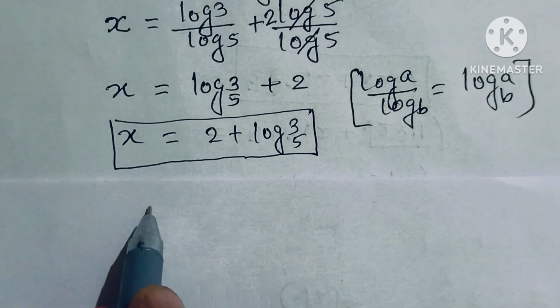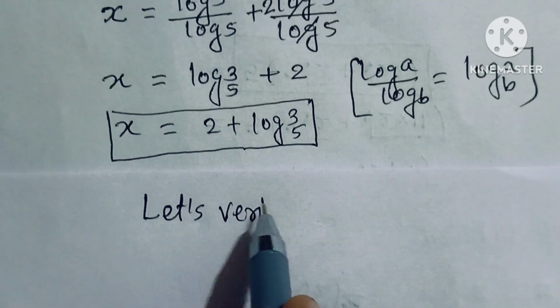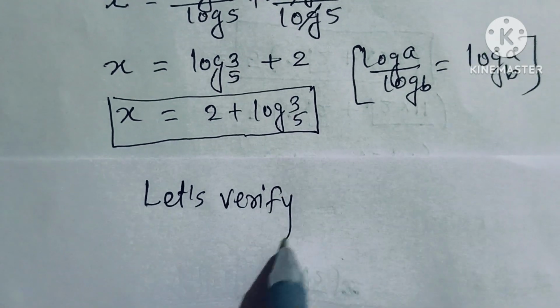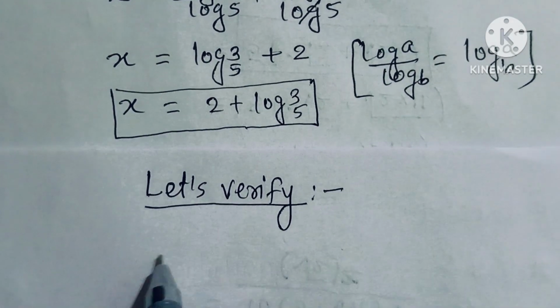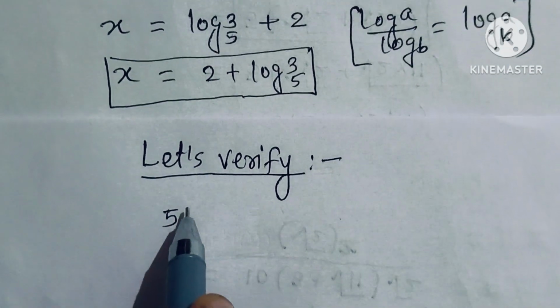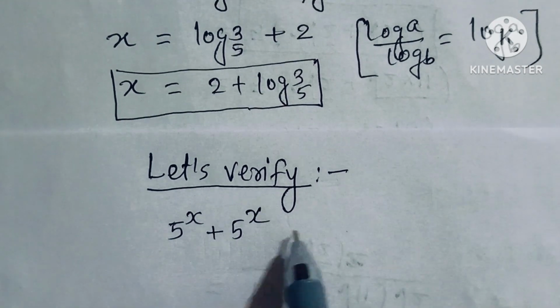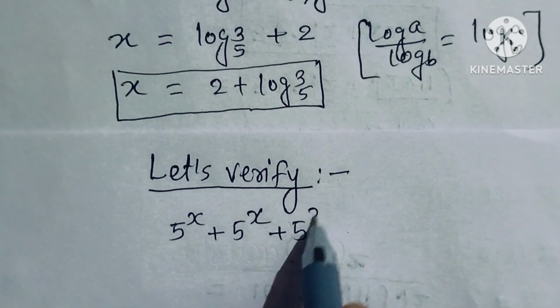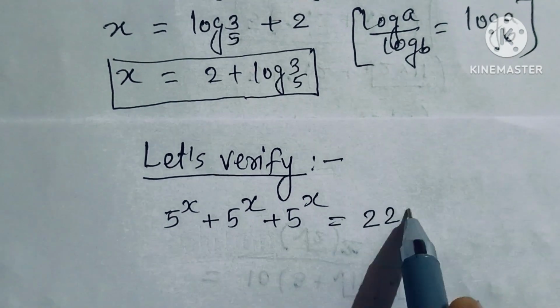Now let's verify. 5 raised to power x plus 5 raised to power x plus 5 raised to power x equal to 225.